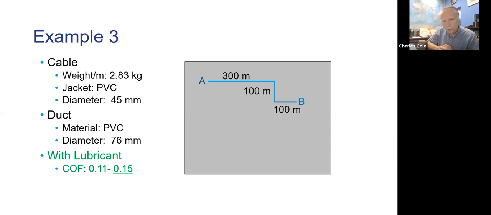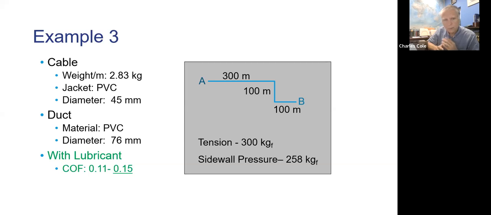Okay, so using our software, which we call the pull planner, we can calculate what the effect of using a lubricant is, in this case lubricant J, which is one of the lubricants that Polywater manufactures. If you can click, you can see what the reduction in both tension and sidewall pressure is.